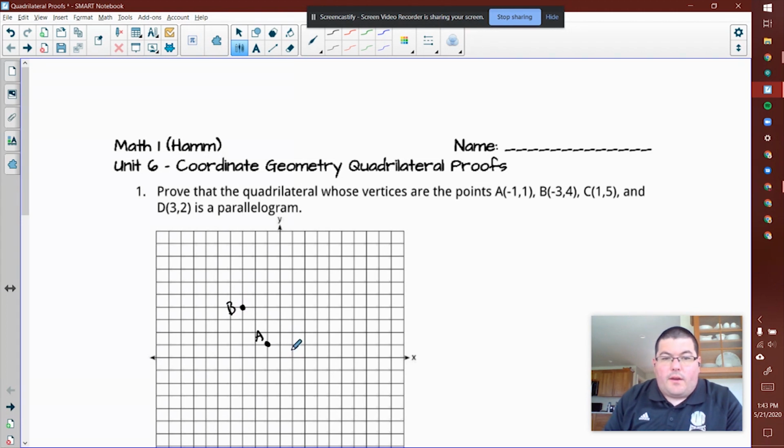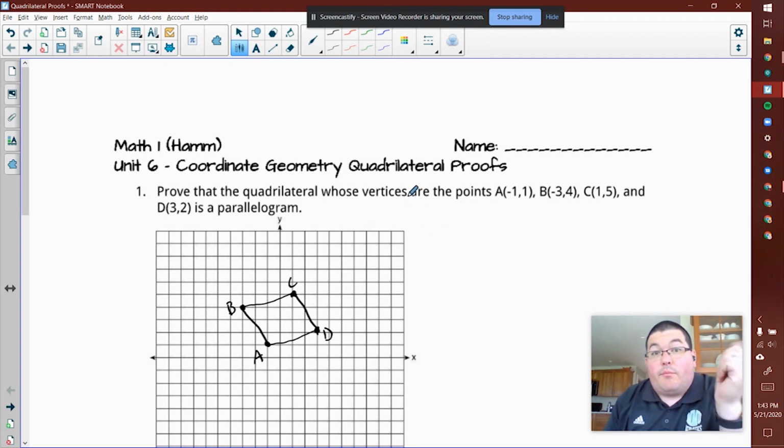C is at 1, 5. And D is at 3, 2. And so here is the parallelogram, or at least the potential parallelogram that we would like to prove.